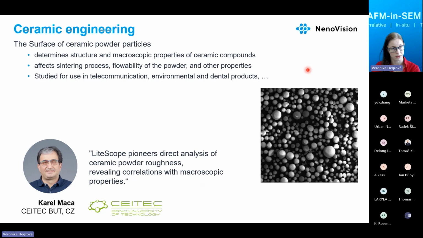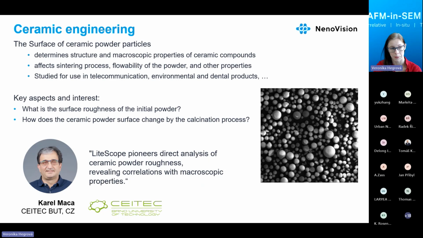So the surface properties affect the sintering process, flowability of the powder, and other properties. And why is it studied? It's potentially useful in telecommunication, environmental, and dental products.